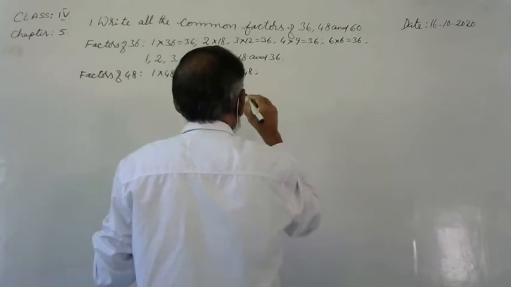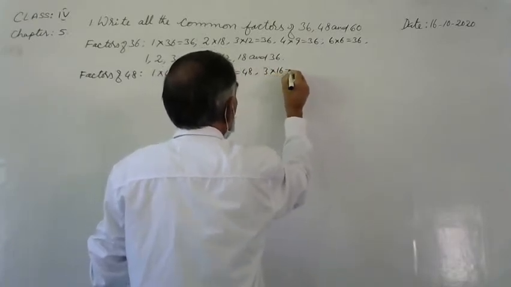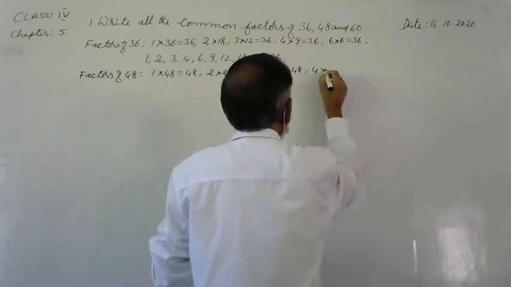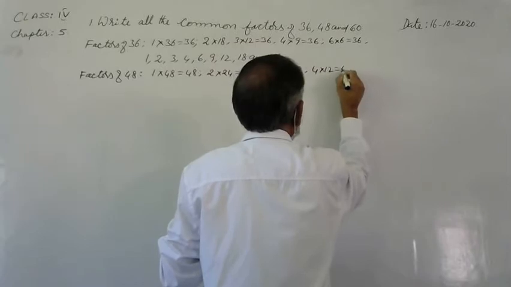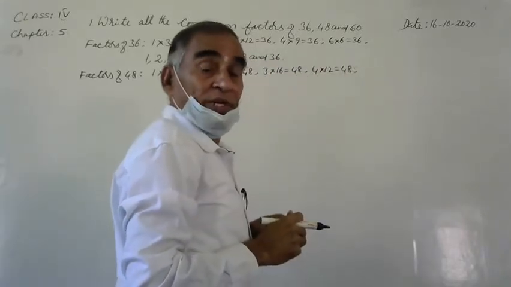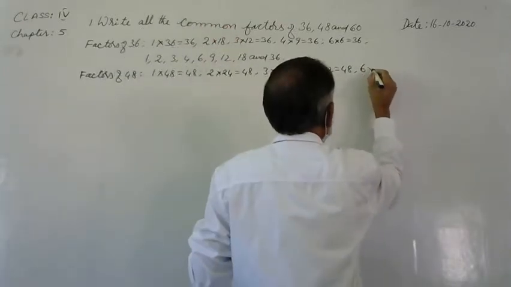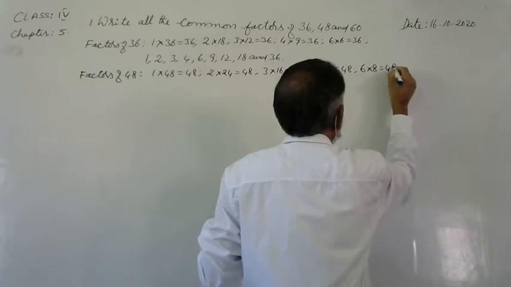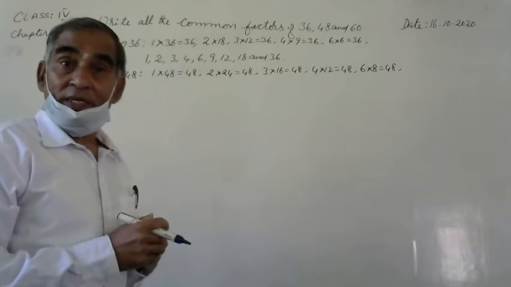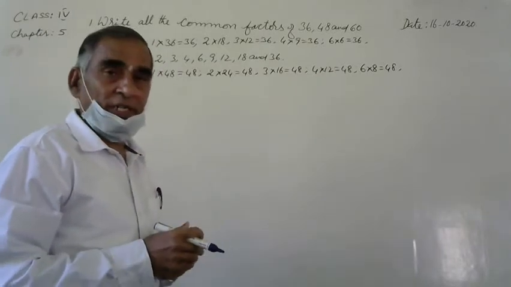The next, 3: 3 16s are 48. Next, 4 12s are 48. 5 is not a factor. The next, 6: 6 8s are 48. After 6, what is the next? 7 is not a factor. 8 6s are 48, already there.